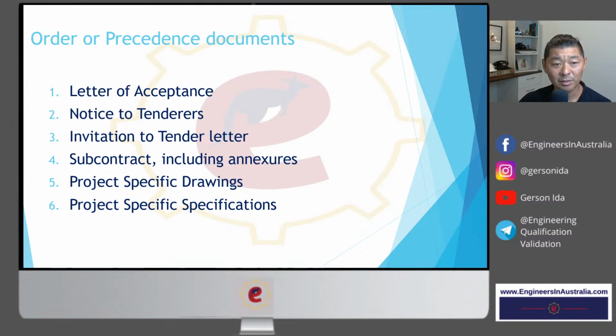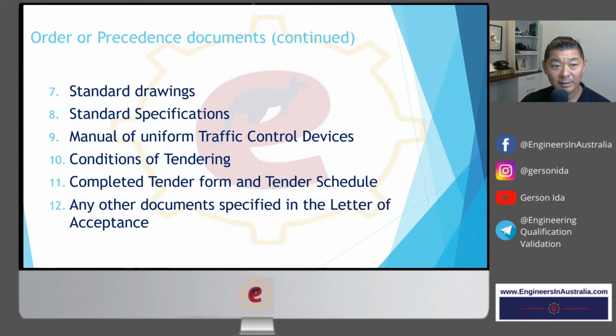So just for you to note, there are 12 documents. Letter of acceptance, notice to tenderers, invitation to tender letter, subcontract including all the annexures, project-specific drawings, project-specific specifications, standard drawings, the standard specifications, manual of uniform traffic control devices, which is obviously about traffic management, conditions of tendering, completed tender form and tender schedule, and any other documents specified in the letter of acceptance.